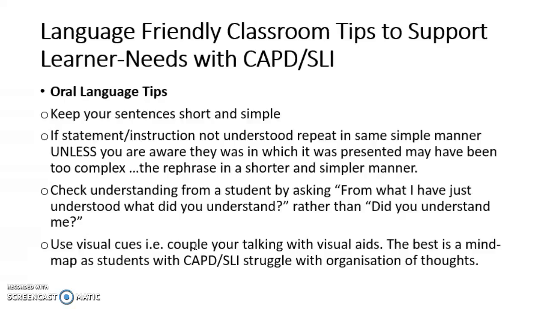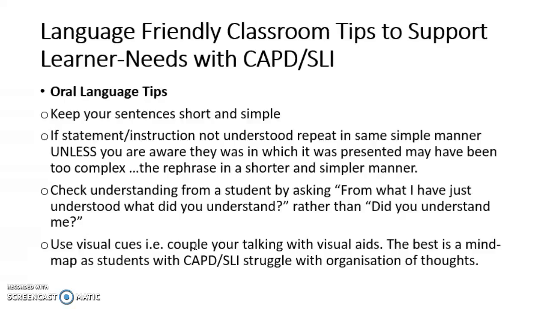If they haven't, you repeat it in exactly the same short and simple manner that you did the first time. If you are, however, aware that your instructions may have been too long or too complex in nature, it would then be worthwhile to rephrase your instruction in a shorter and simpler manner so that every child can understand it.